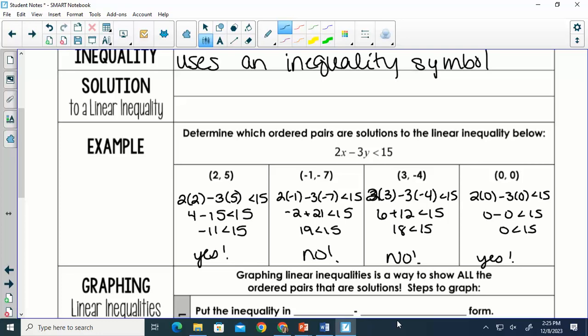When we solve these, the solution is not just a single number. It is going to be a whole group of ordered pairs. And we can't really describe them all outside of drawing a graph. So our goal for these will just be to draw a graph to show the region that makes it true.